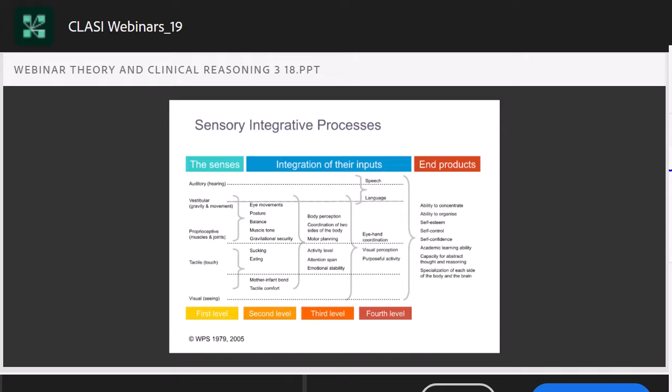Now, many of you know this model, and of course, when we go more in depth in our sensory integration theory courses, we get into analyzing many aspects of the components of this particular model. But it's meant to describe the way that sensation contributes to increasingly complex human behavior.